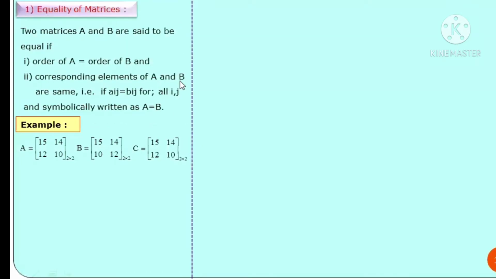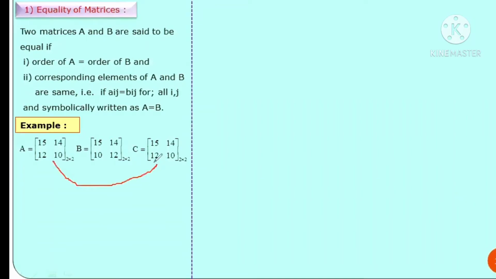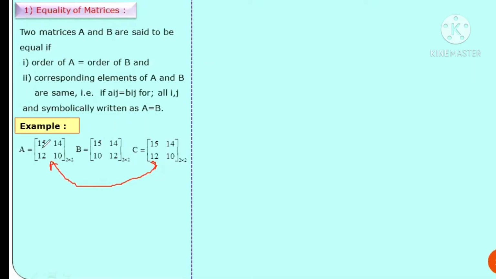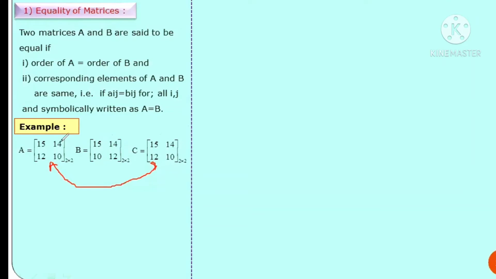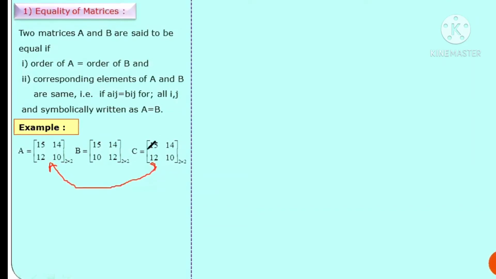Matrix A and matrix C, if you observe, have the same elements as per positions. First element 15, 15. Second element 14, 14. Next row, first element 12, 12. 10, 10.